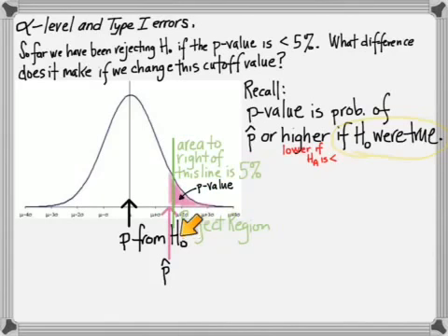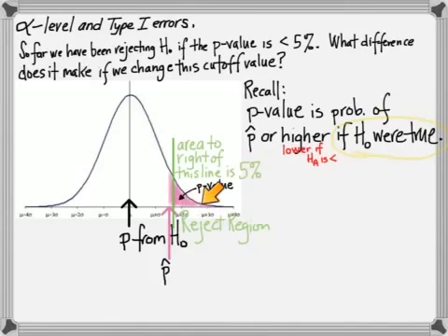What this means is if p-hat lands out here, I will reject the null hypothesis. This line is the cutoff line for z-scores, or for p-hats. If I get an observed p-hat out here, I will reject the null hypothesis, because its p-value will be less than 5%. So I'm calling this the reject region.